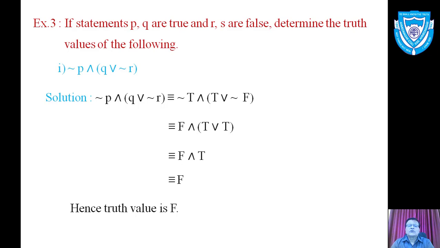Solution. We make use of the given data. P is true, so we write negation T, and Q is also true, so in place of Q we take T. In place of negation R we write negation F, and negation of F is T. So in the second line we write negation T, and T or T. T or T is T, so we simplify it in the third step: F and T. The conjunction of a false and a true statement is false, so the final answer is false.